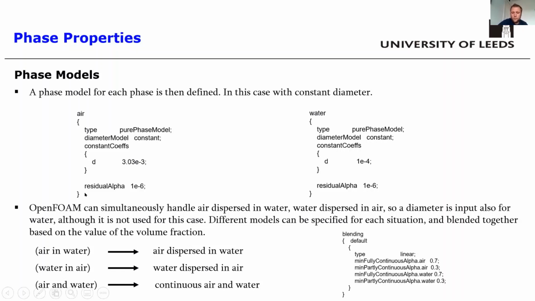And now these are blended together by the blending dictionary, which means we define a submodel, a drag model, for each of these three, and until the gas volume fraction is 0.3, from 0 to 0.3, that case is air dispersed in water. Higher than 0.7 is water dispersed in air, and in between we have a blending between the three different models.